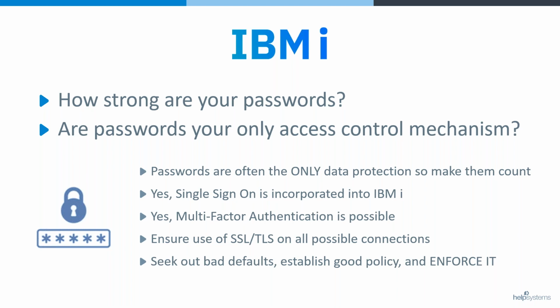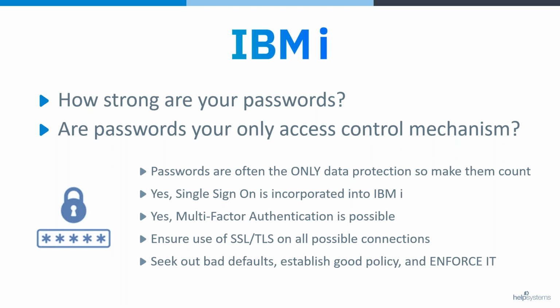You also want to ensure that you're using secure connections for all of your TCP/IP services that support them. For example, if you are using Access Client Solutions or Client Access in its previous iteration, know that the emulation session by default is exposed, meaning that when you sign in to that green screen environment, not only is your user ID being transmitted, but your password is also being sent across the network in the clear.